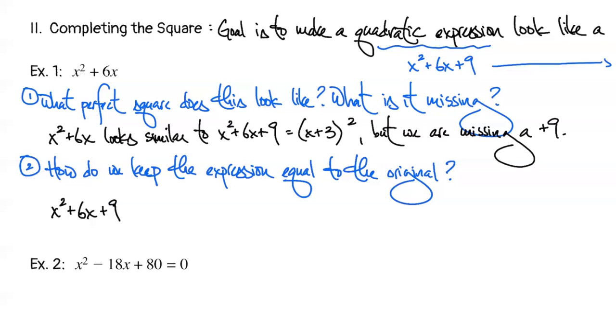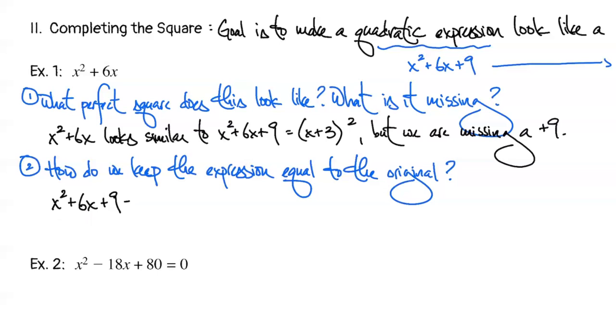Couldn't you throw it into an equation and then subtract 9 onto the other side? Okay, well, I love the suggestion of subtracting 9, and we don't need to throw it into an equation to do that, right? So we have x squared plus 6x. I added 9 to make it a perfect square.